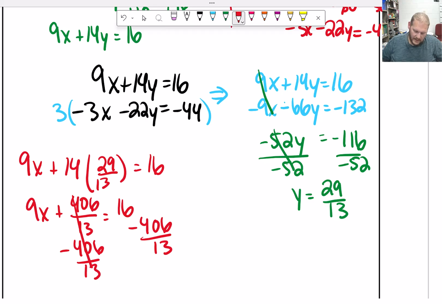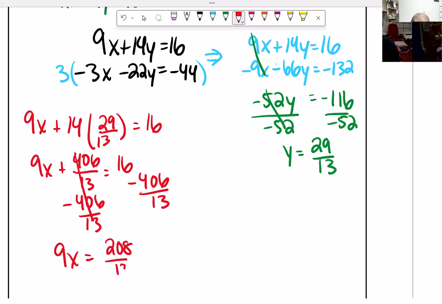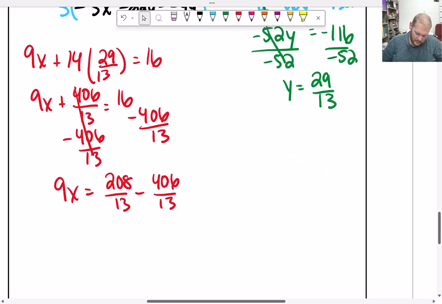So we've got 9x equals, and then 16 thirteenths would be 208 minus 406 thirteenths. That would be negative 198 thirteenths.